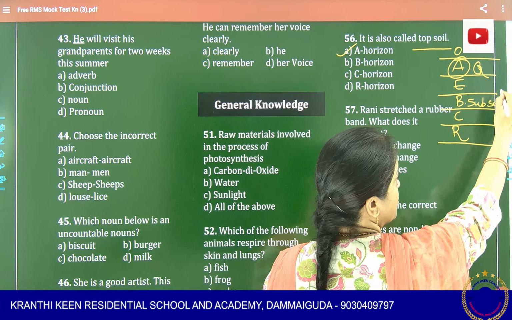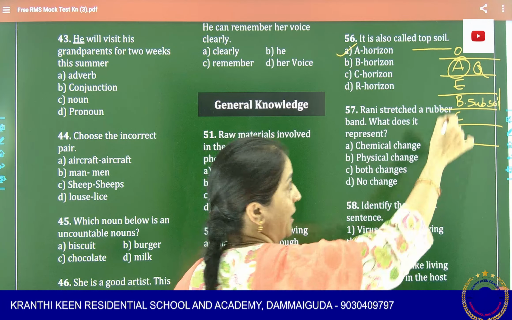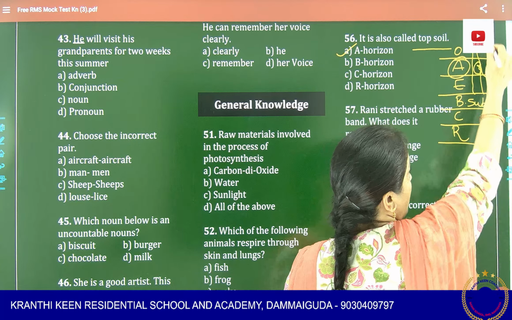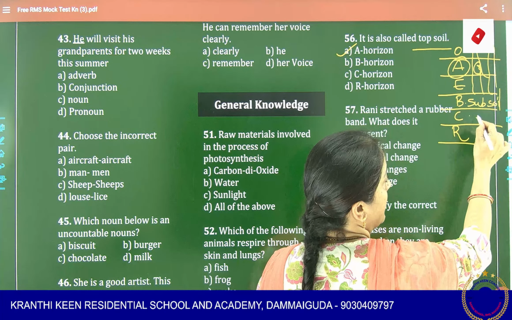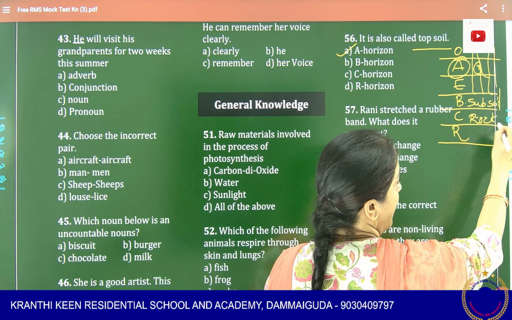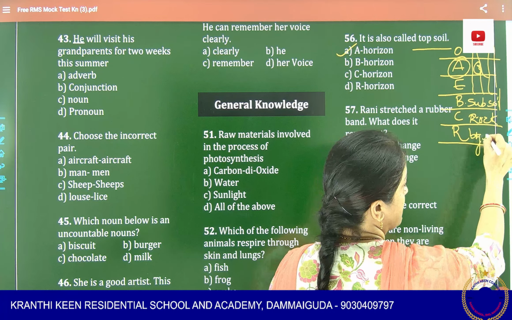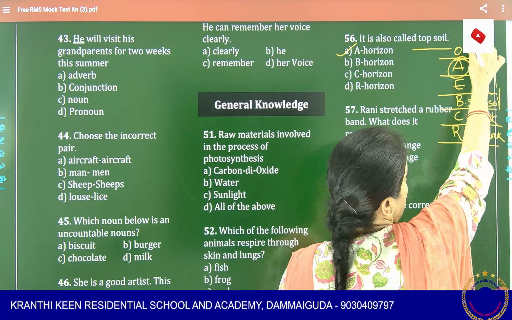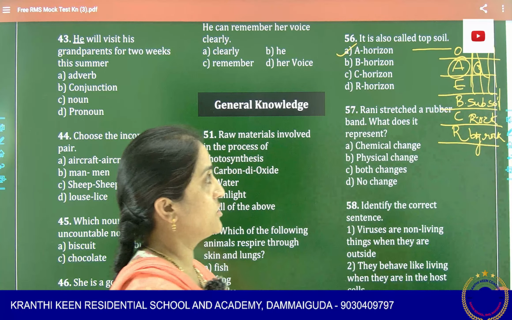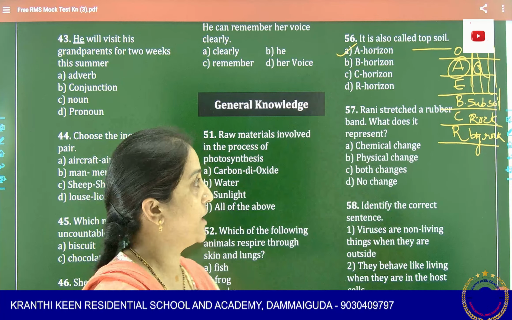So the roots of all the trees will penetrate till here. Okay, so this is all rocks, and here we have very big rocks. So these many layers of soil will be there. So the top soil is called as a horizon.